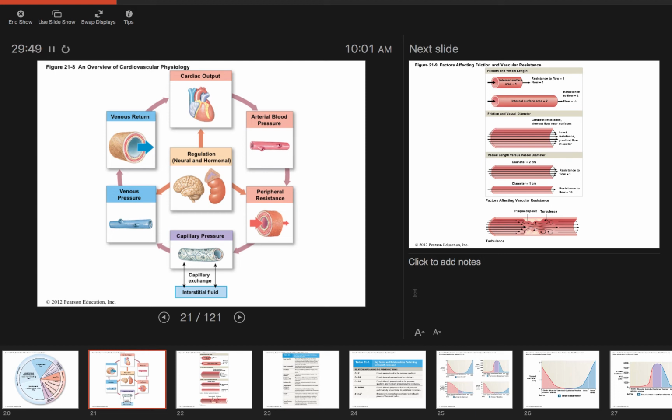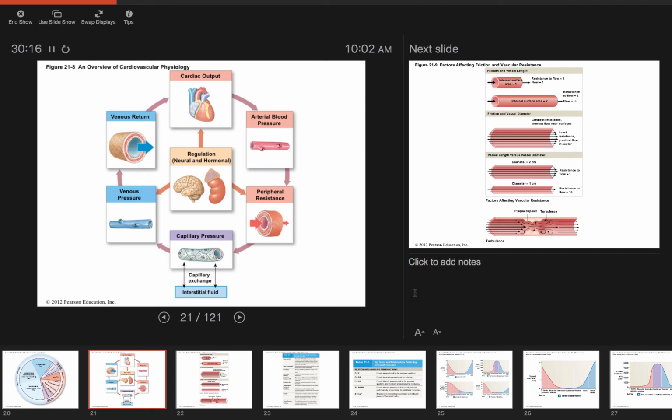You know, when water is flowing down the river and it hits some rocks and it starts ebbing and flowing like that, that's turbulence, right? So there's going to be some blood vessels where we expect to have turbulence. The aorta and the pulmonary trunk, because of the pressure of the ventricles, you're going to get some turbulence in there. That's normal. That's okay. Those vessels can handle it. They're elastic, right? They can handle that turbulence.